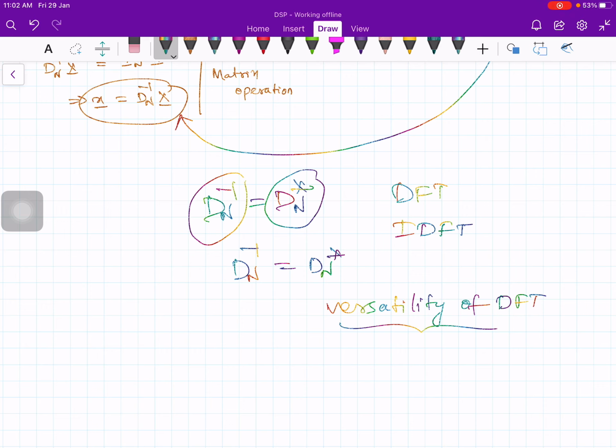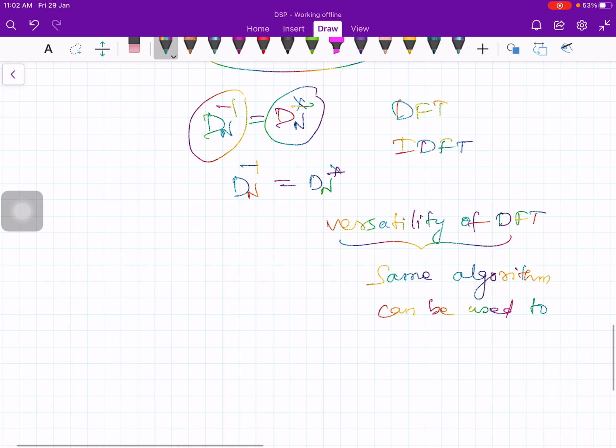The same algorithm can be used to compute both DFT and IDFT.